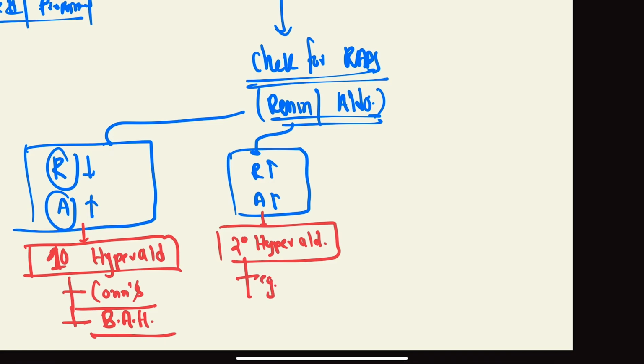For example, in renal artery stenosis, there is secondary activation of the RAS and renin and aldosterone are increased.